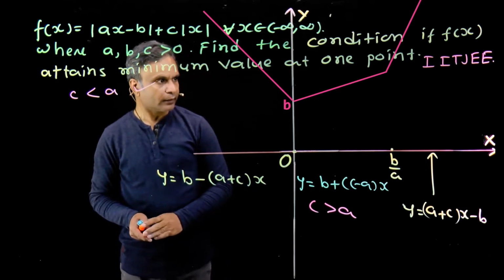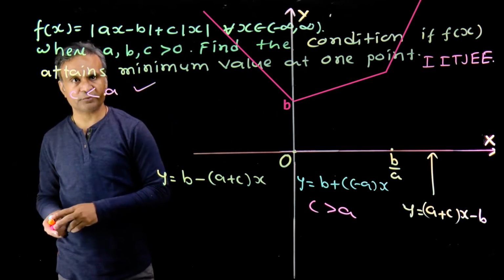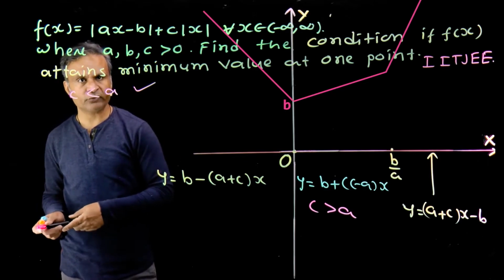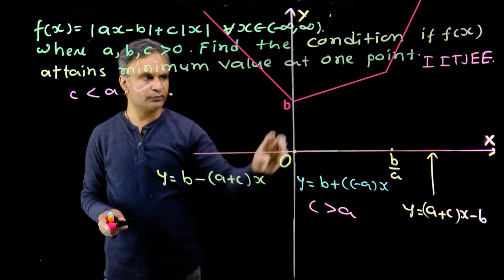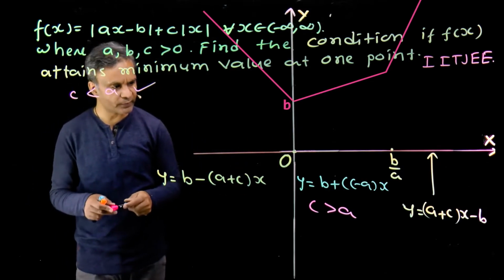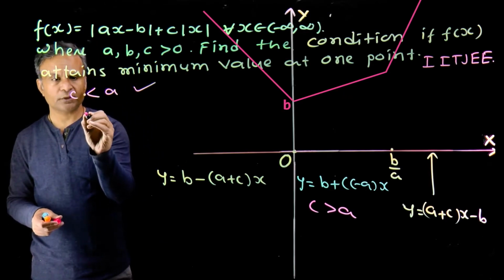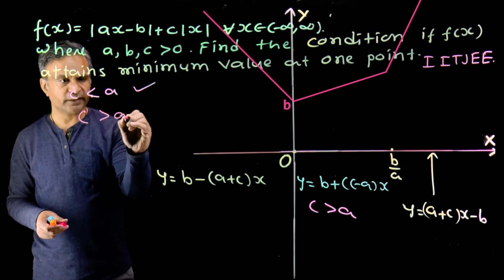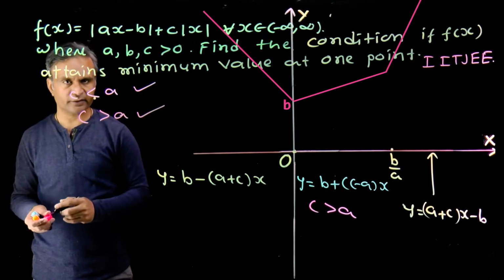Now here in this case also we have exactly one point of minima. Where is it? At x is equal to 0. 0 is point of minima. Exactly one point of minima. So this is also required condition, c greater than a. Either c less than a or c greater than a.